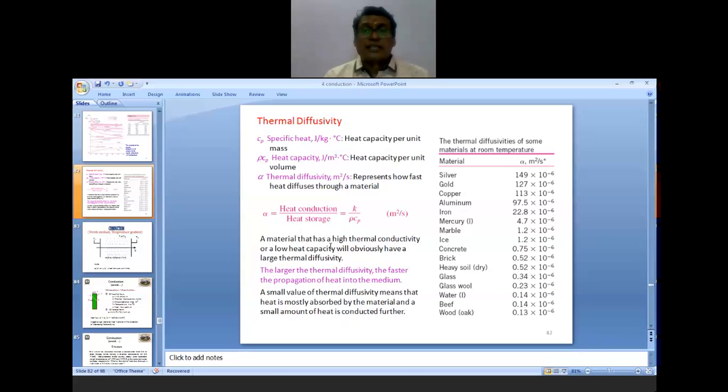Thermal diffusivity is the ability to disperse the heat, how effectively the heat can be dispersed inside the material. A smaller value of thermal diffusivity means that the heat is mostly absorbed by the material and a small amount of heat is conducted further. It is absorbed, but it is difficult to conduct, to transfer from one place to another.